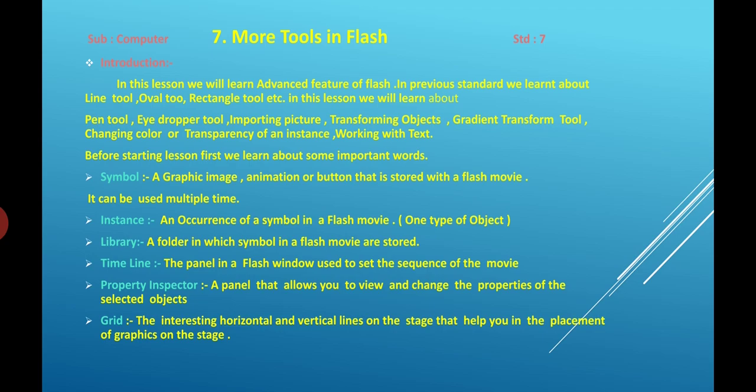Here we set each and every property of the selected object and we can change it as per our requirement. Grid. The intersecting horizontal and vertical lines on the stage that help you in the placement of graphics on the stage.